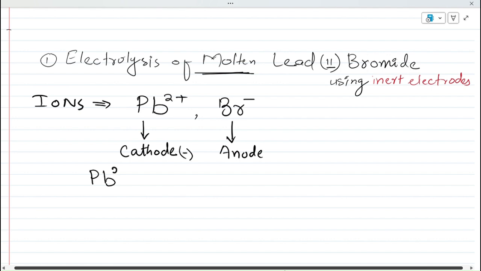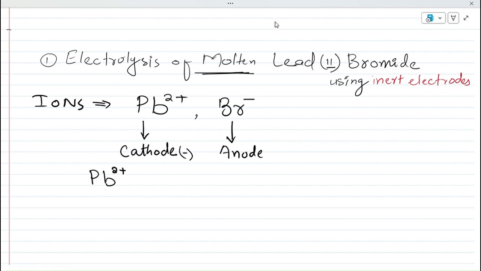If we talk about Pb2+, it has lost 2 electrons, so it is going to gain 2 electrons, whatever was lost, and form lead metal. So there will be a deposit of lead. So this is Pb, metal deposited. We can mention that metal deposited.